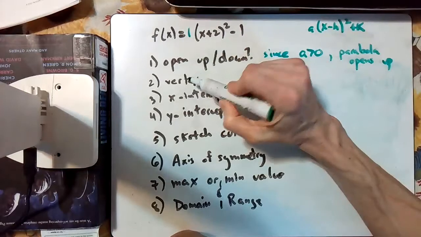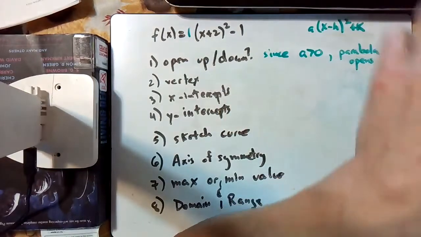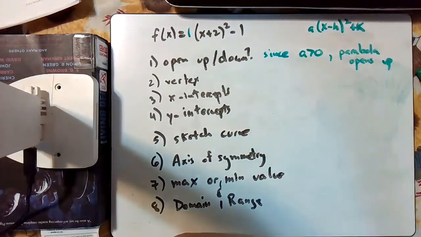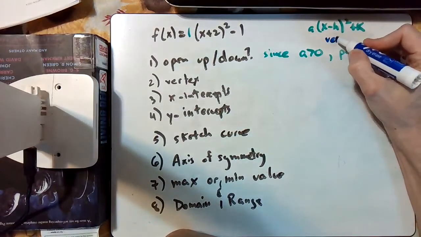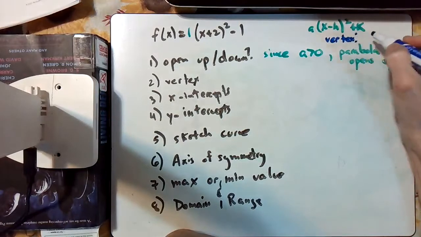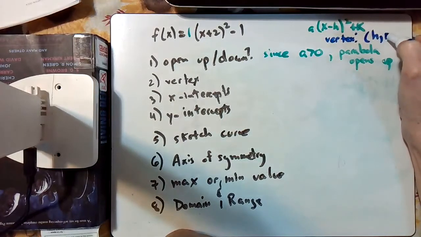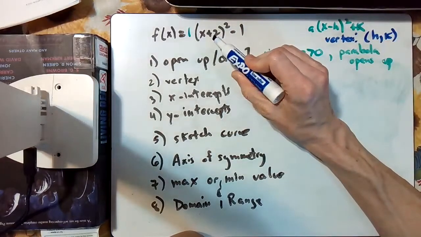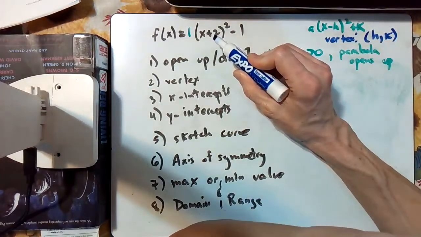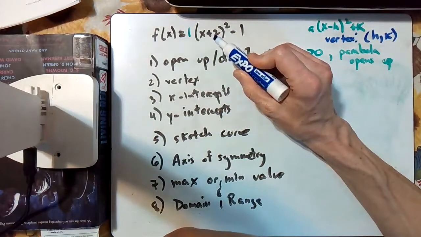Now, what's the vertex? Well, because it's written in this form, the vertex is just h comma k. So we flip the sign of the h, or the number on the inside, because remember, that's horizontal transformations. It would go in the opposite direction.